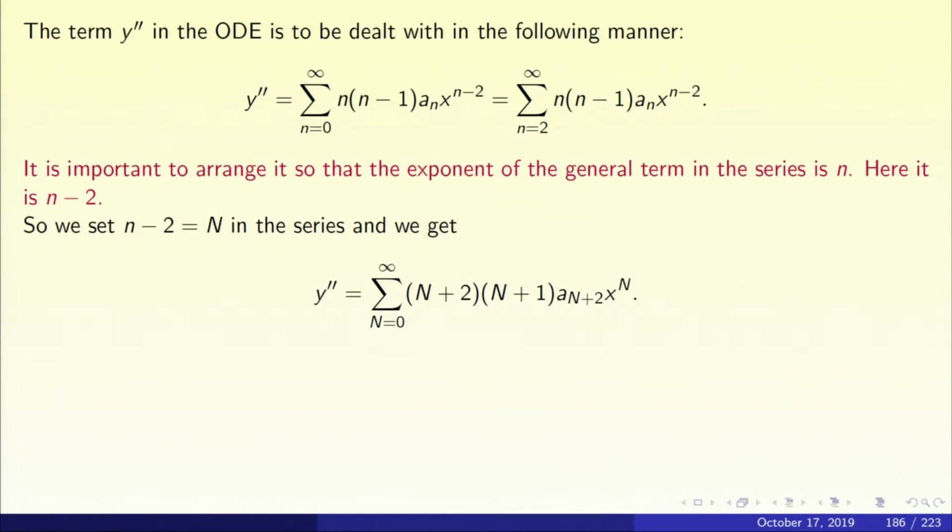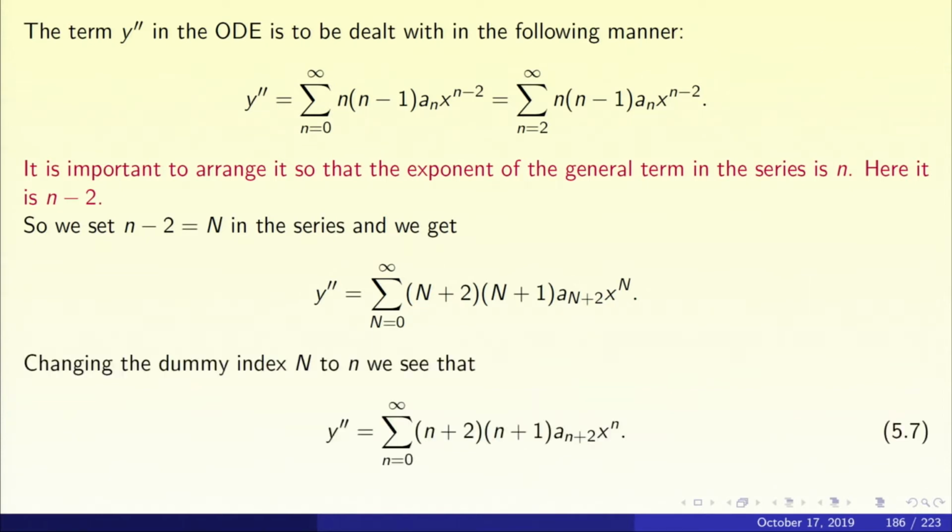So you get y double prime equal to summation capital N from 0 to infinity, (N plus 2)(N plus 1) a N plus 2 x to the power N. But remember that the capital N is a dummy index, so we can replace it back by little n, and so finally we get y double prime equal to summation n from 0 to infinity (n plus 2)(n plus 1) a n plus 2 x to the power n, which is display 5.7 in the slide.